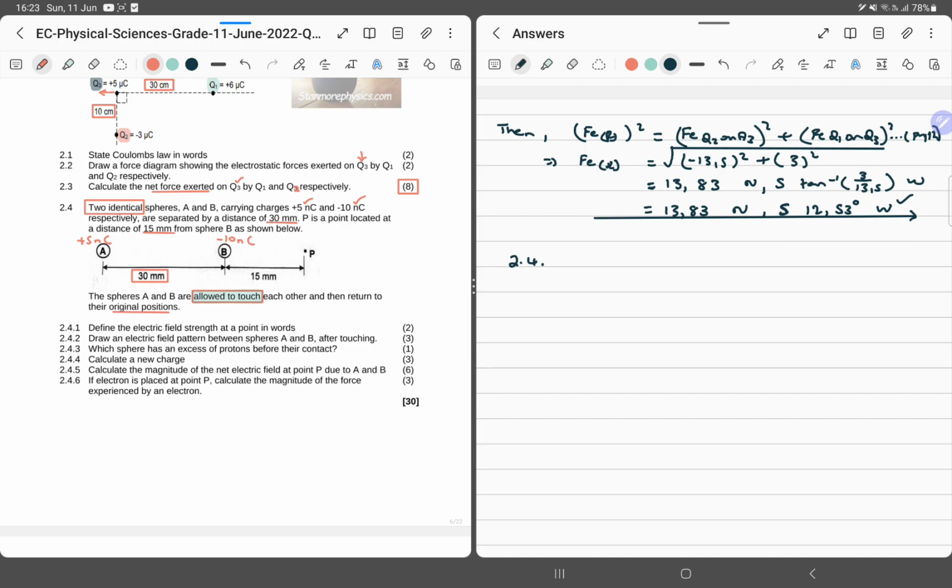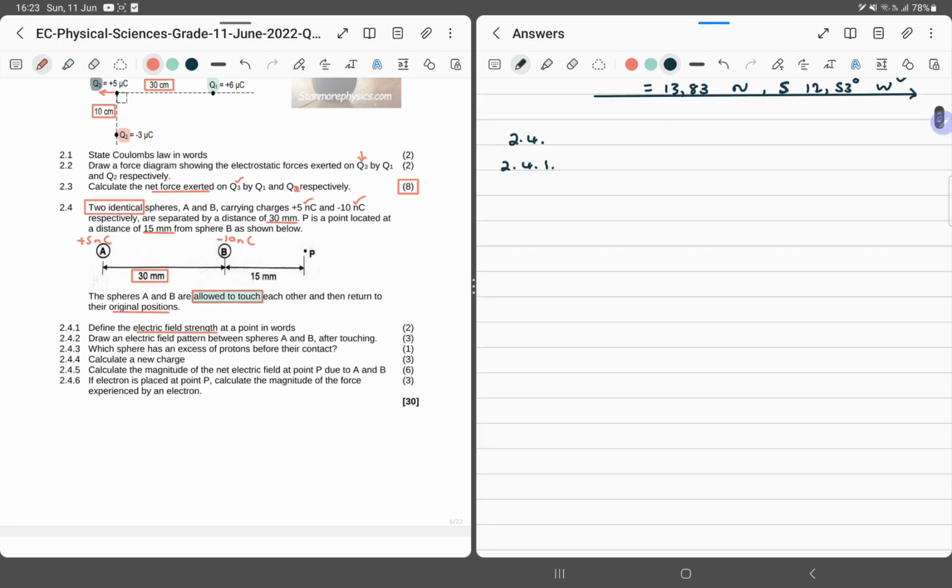It says now define the electric field strength. So do you see we worked out something on the MCQs? Now it's coming again. So here we've got 2.4.1.